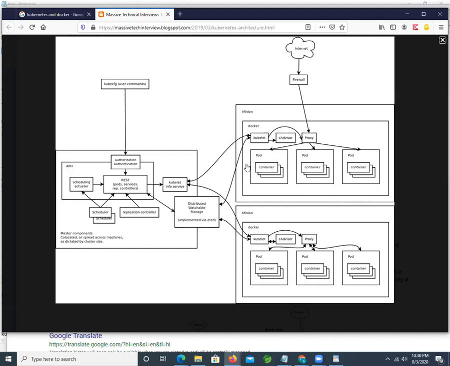Inside this Docker, I have pods, containers. Inside the container, I will have a Java program or a database. So that's what we are going to see in the next episode.